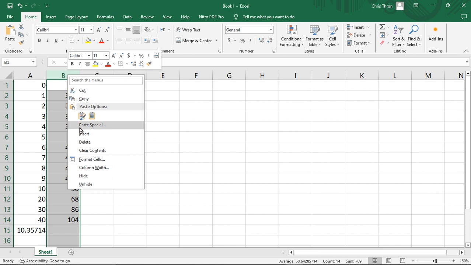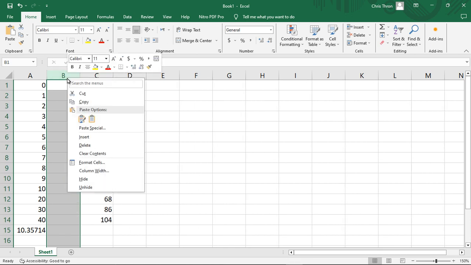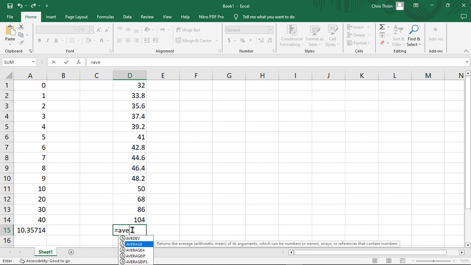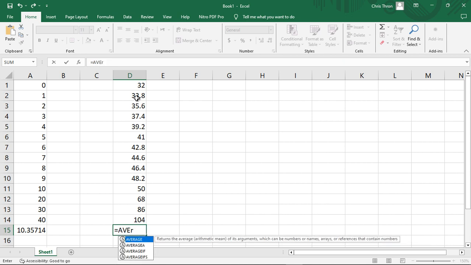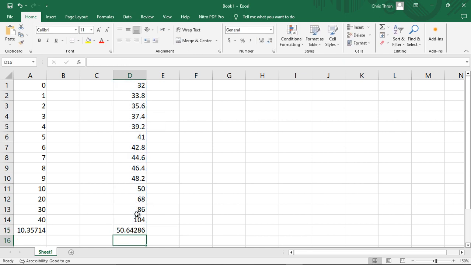I'll do the same thing for this other column. And let's insert another column here. All right, I'll do the same thing for this column here. I'll take the average of the column. All right, so we get a number there.